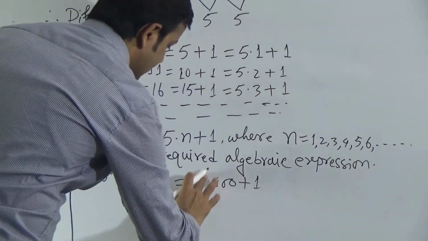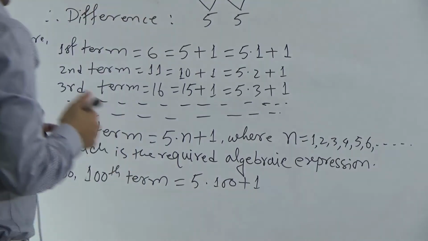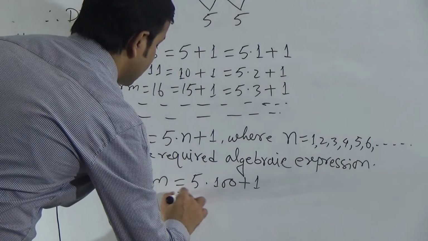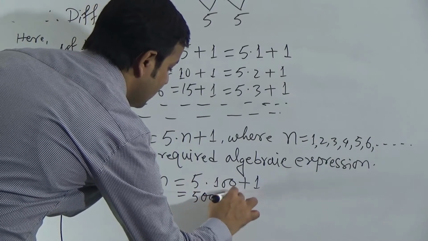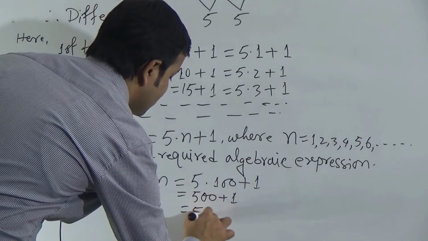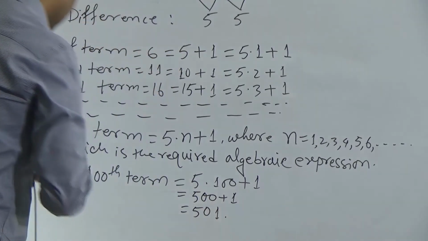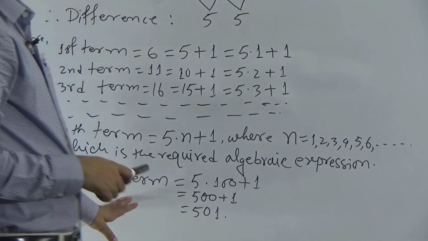We can use a dot here as we have used in every case. So multiply 5 and 100, it will be 500, then add 1, it will be 501. So this is the 100th term of the pattern.